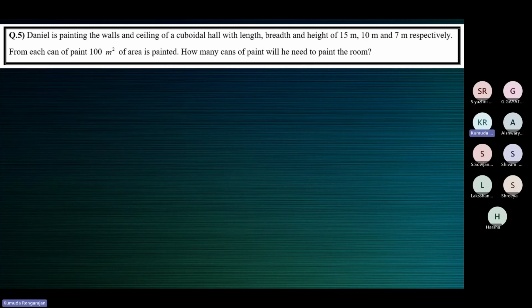From each can of paint, each can meaning the container, 100 meters square of area is painted. So if he uses a can of paint, he can paint up an area of 100 meters square. How many cans of paint will be needed to paint the room?